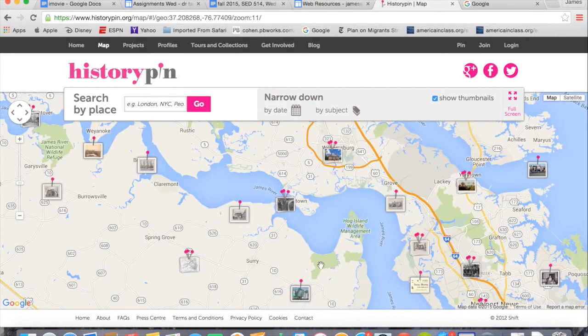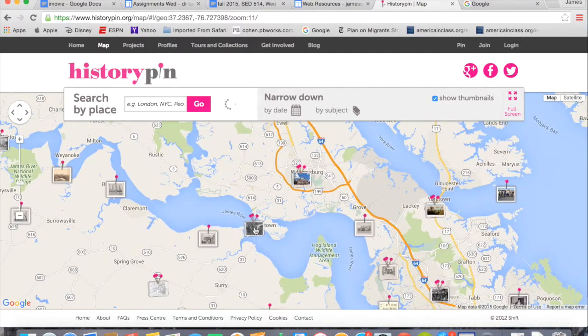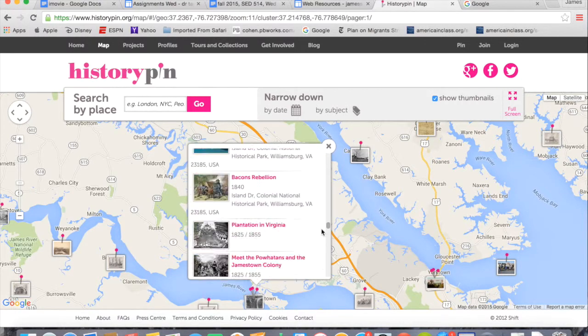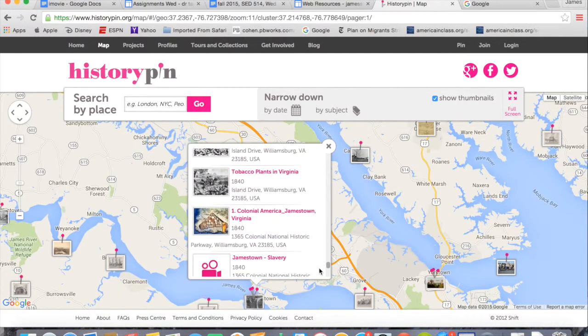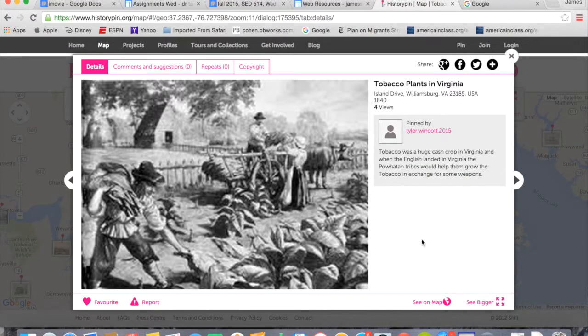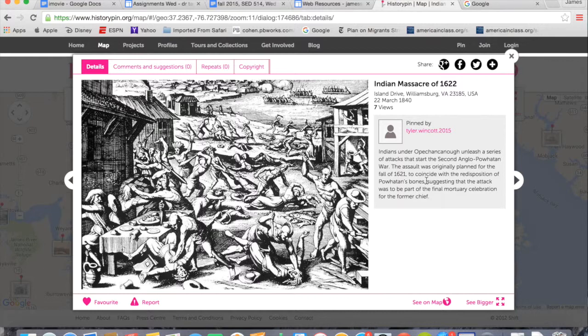So let's see, they have several pictures here, several pins. Let's see what this one is. Okay, they have quite a few. You can search tobacco plants being grown, if you're learning about how tobacco was a really pivotal cash crop when the English settled in Virginia. You could also learn about unfortunate histories of this area.